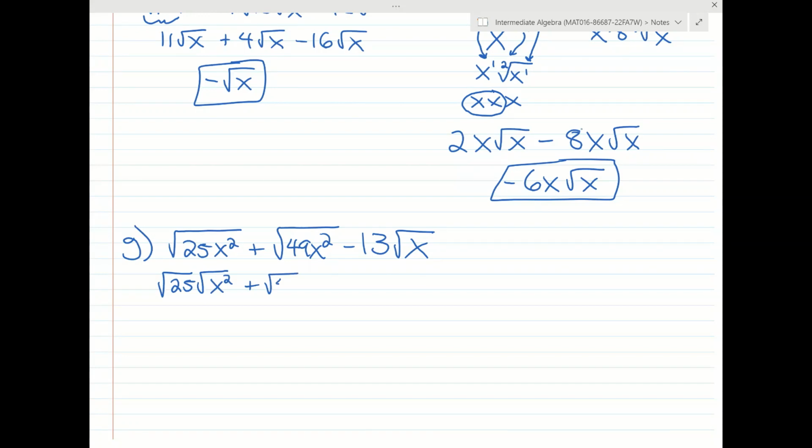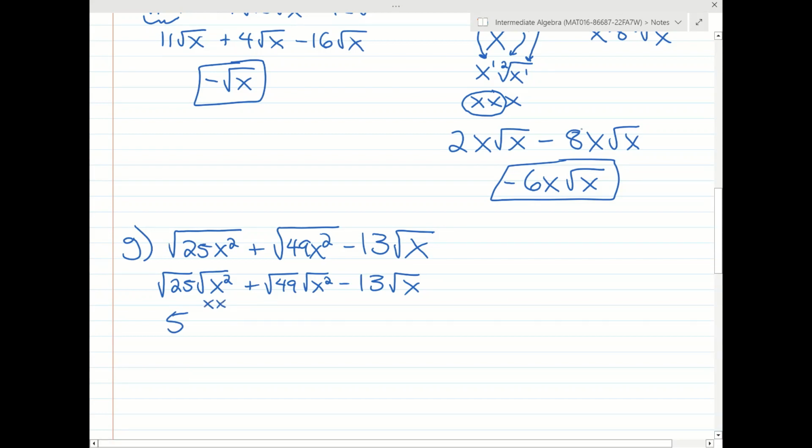The square root of 49 times the square root of x squared minus 13 times the square root of x. So this is just 5.